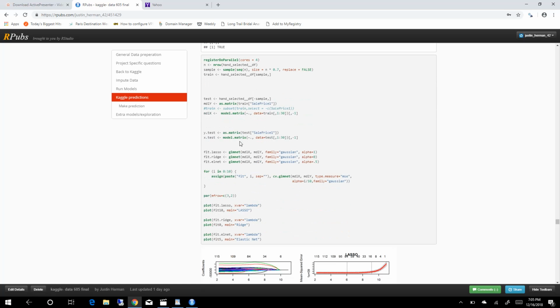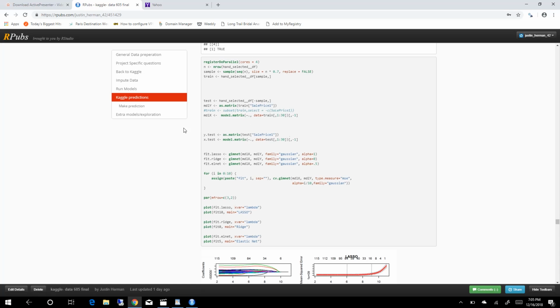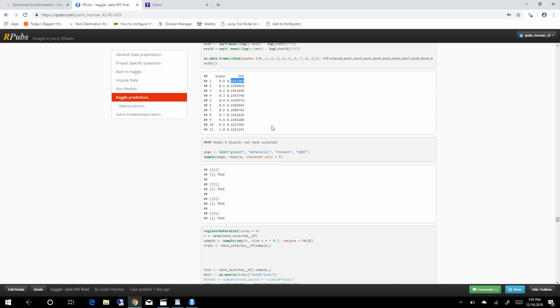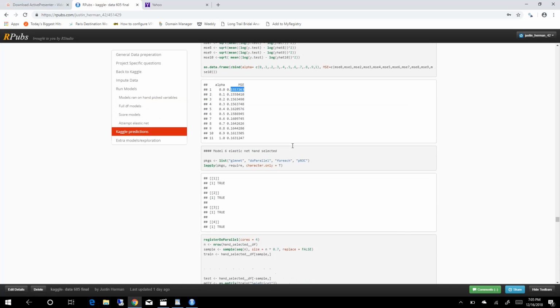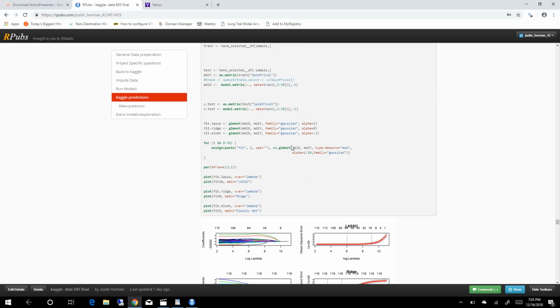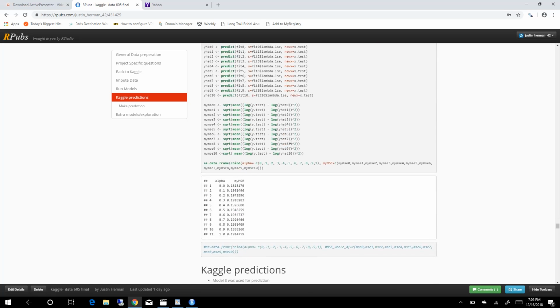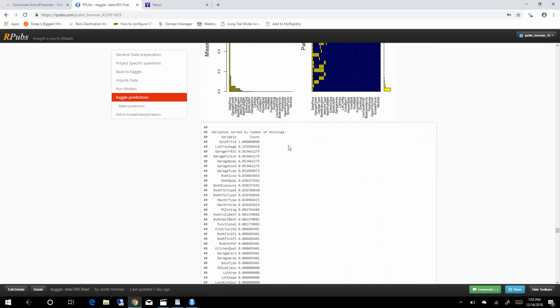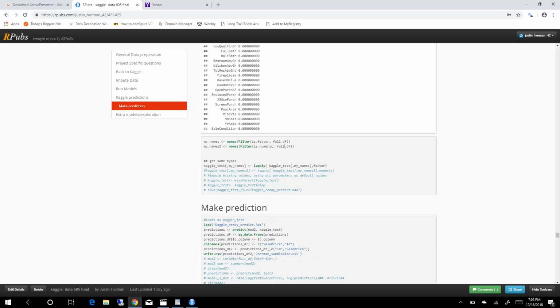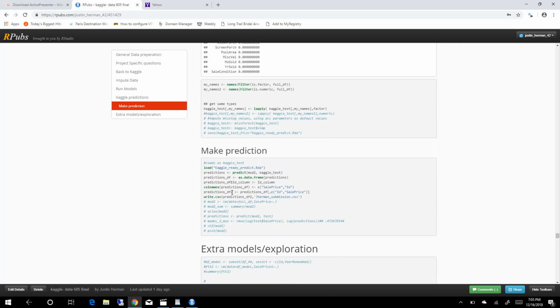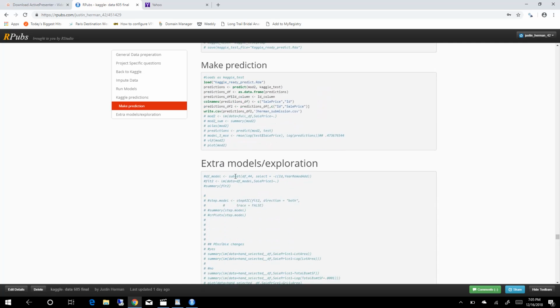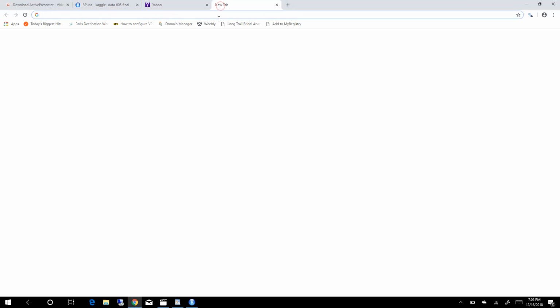I had to impute the data set for Kaggle a little bit, but when all is said and done, we make our prediction and we hand in our prediction.